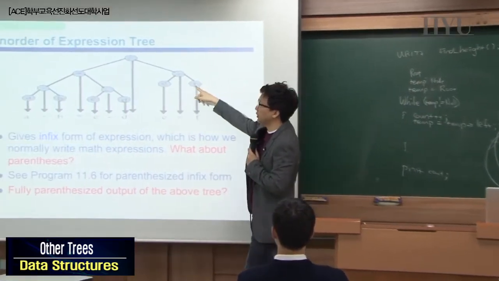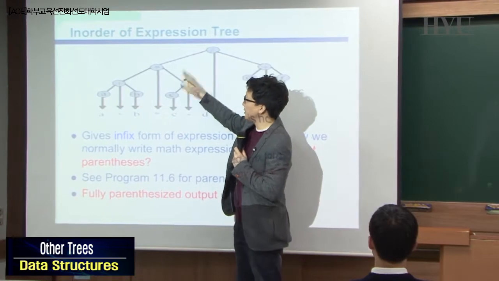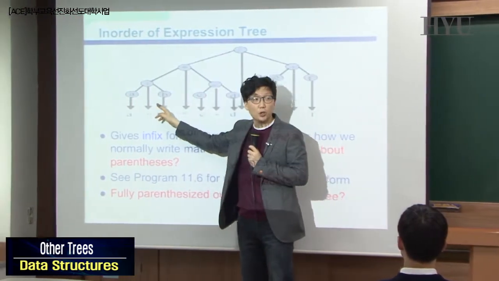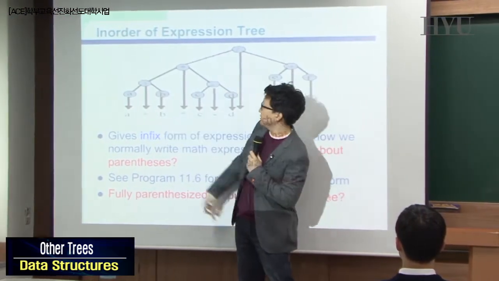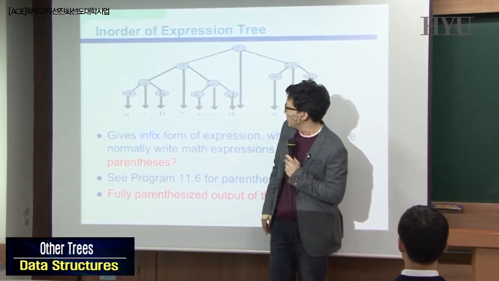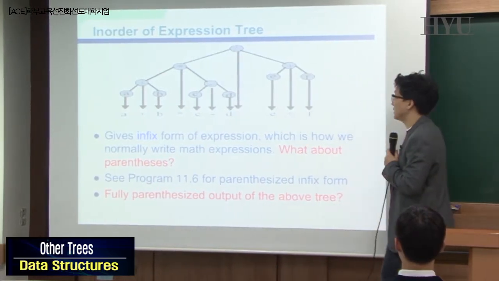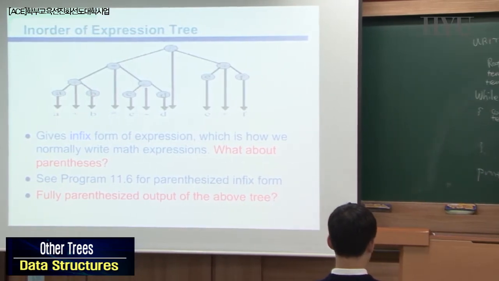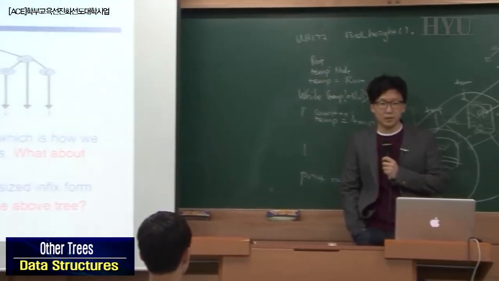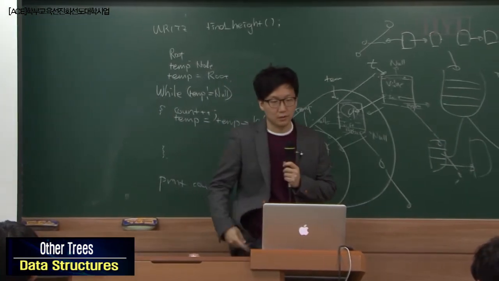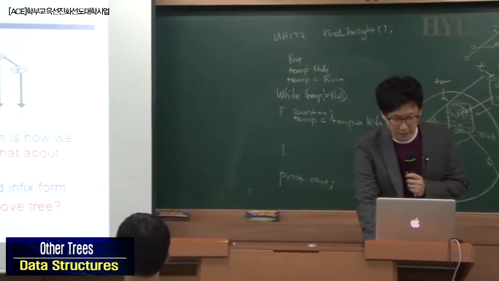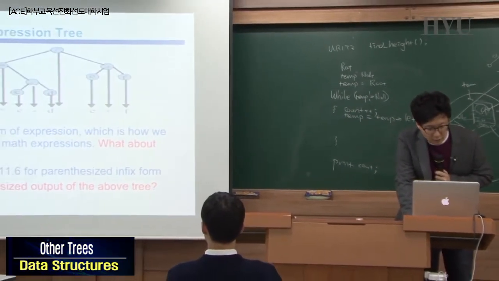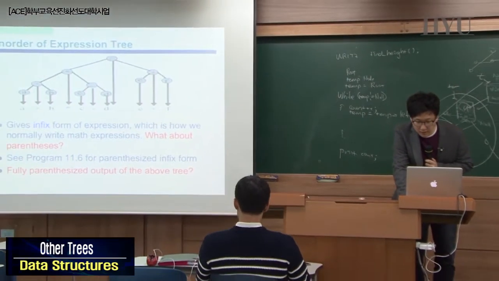If I do a pre-order way of traversing the same tree, it looks weird, but if I do an in-order reading, it sounds like a good formula: A plus B times C minus D divided by E plus F. Right? I will discuss further this infix and parenthesis later.